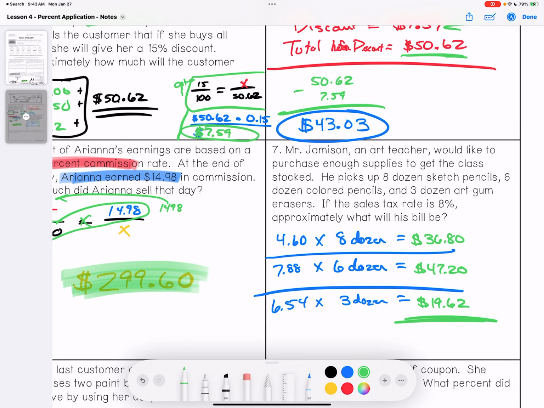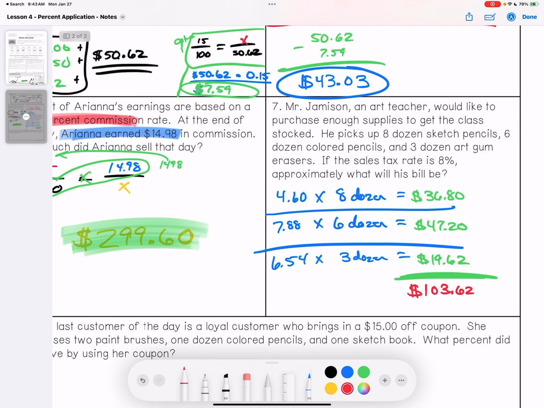Now, let's figure out what his total bill would be. So you're going to add those up, $19.62 plus $47.28 plus $36.80. His total bill is $103.70. Now, I hadn't added tax yet. So in your calculator, I'm going to show you the easy way to figure out the total bill.